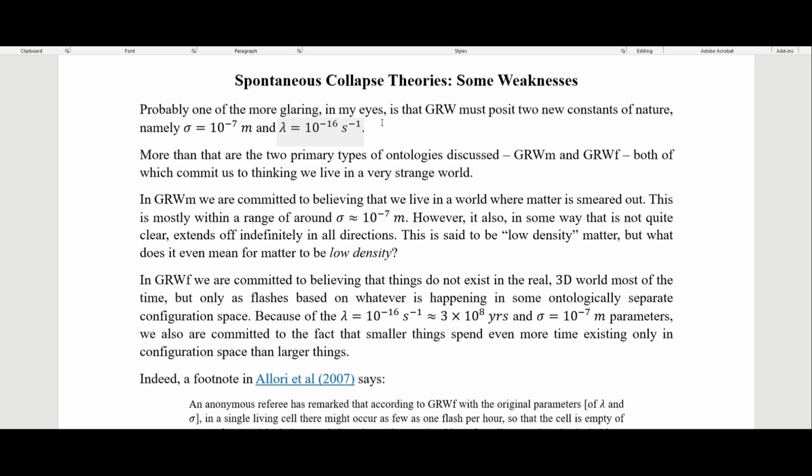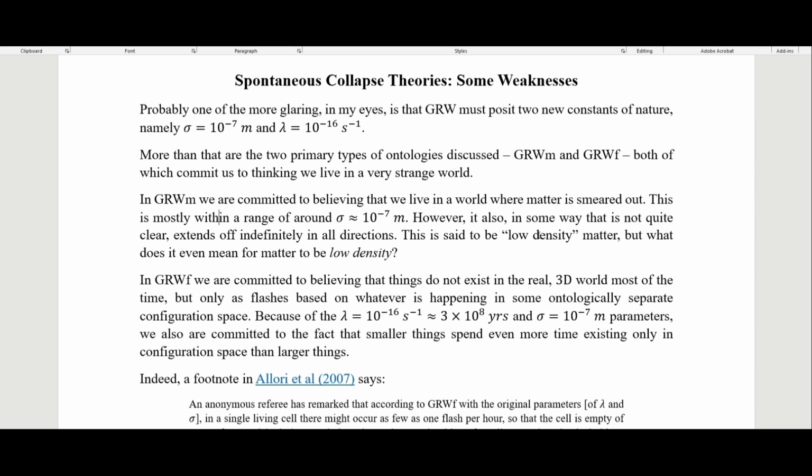But more than that, the two primary types of ontologies discussed, the matter density field and the flash ontology, both commit us to thinking that we live in a very strange world. So in GRWM, in the matter density field, we are committed to believing that we live in a world where matter is sort of smeared out in space. This is mostly within a range of around 10 to the negative 7 meters.